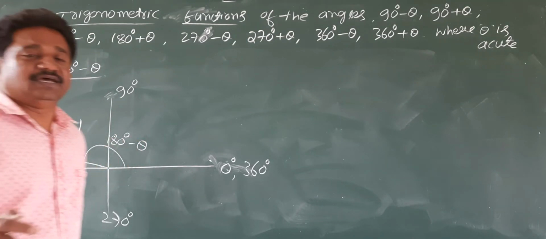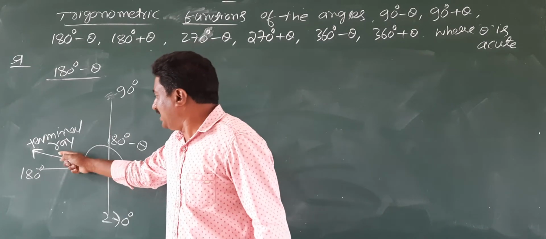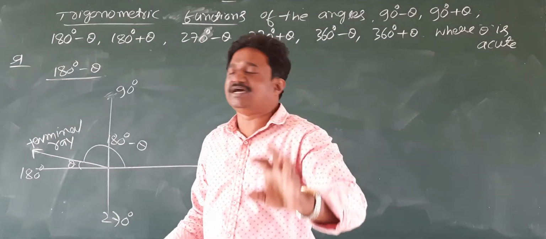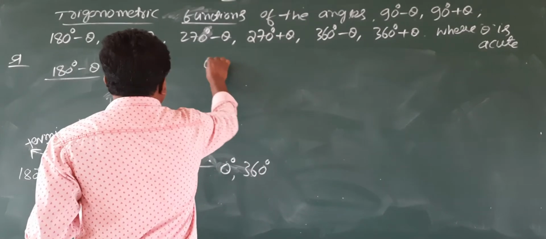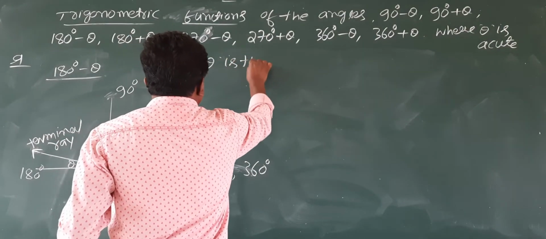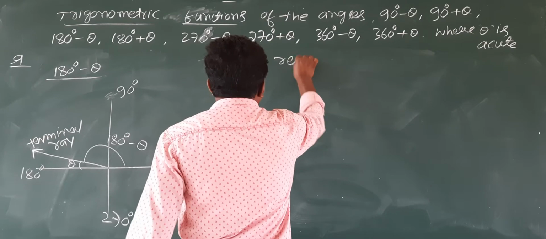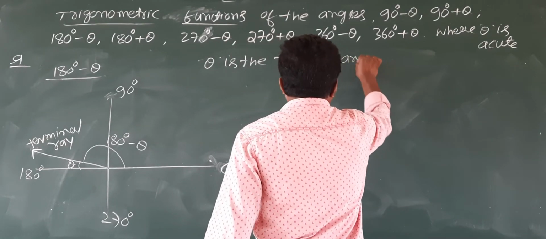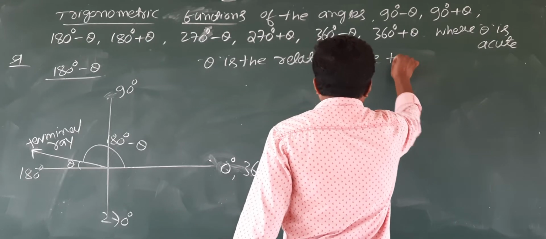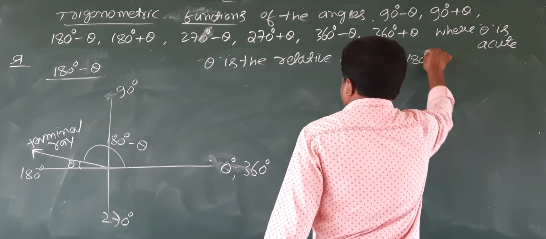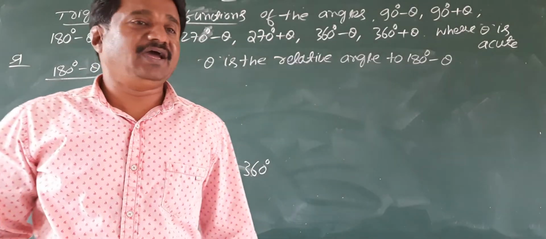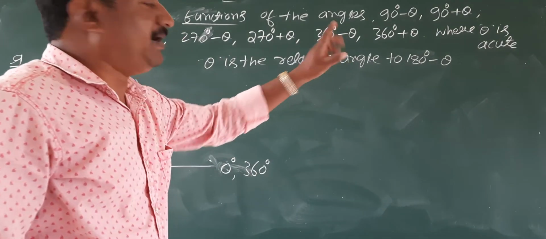Reference angle means the angle between the terminal ray and the x-axis. Theta becomes the reference angle. Theta is the relative angle to 180 degree minus theta.